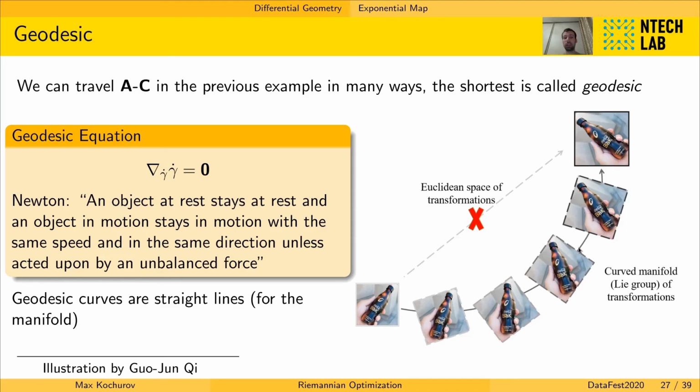So geodesic curves are straight lines because they follow the geodesic equation.